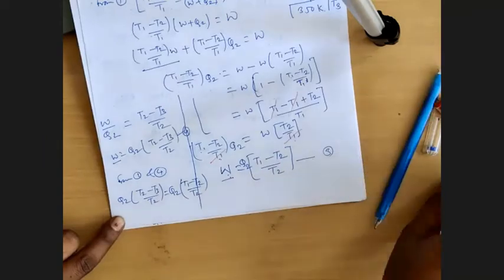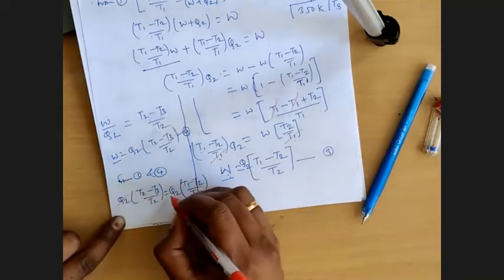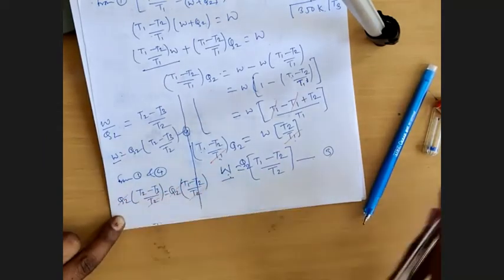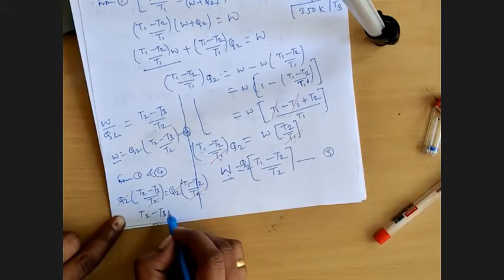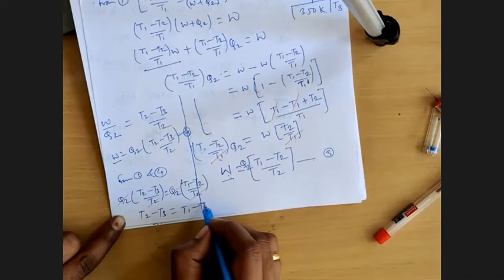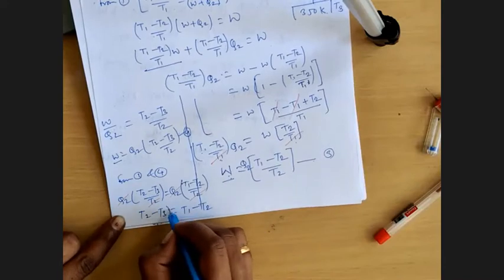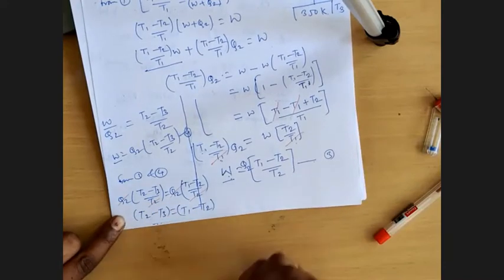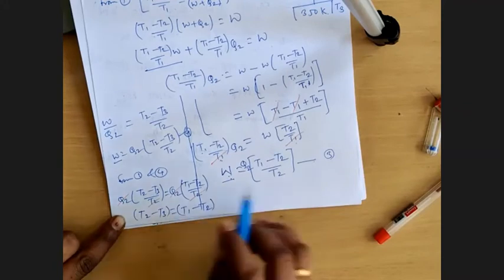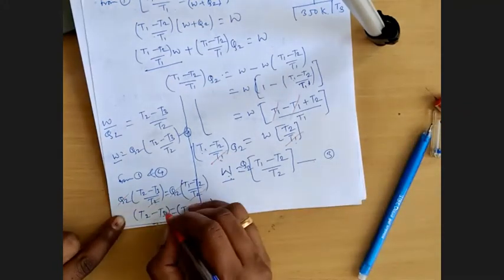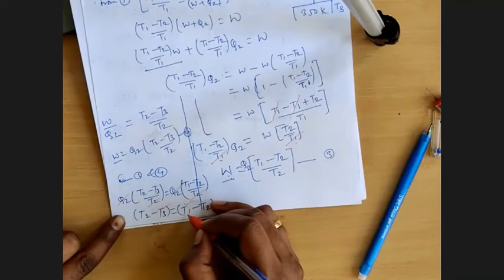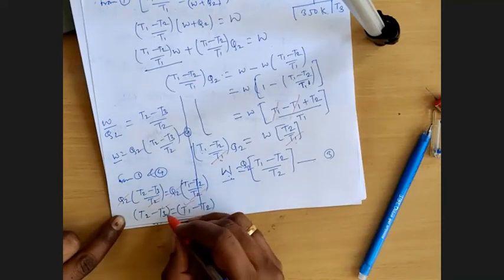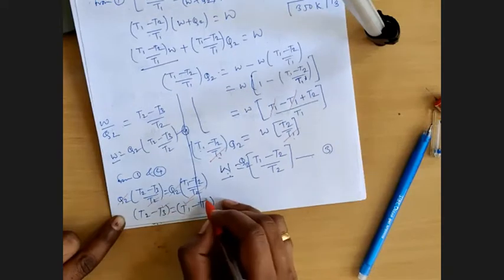Now here this Q2 will get eliminated, this T2 will get eliminated, and I will get the relation T2 minus T3 is equal to T1 minus T2. Okay. Now here I have the value of T3, I have the value of T1. T1 is 550 Kelvin, T3 is 350 Kelvin, and this T2 is unknown.